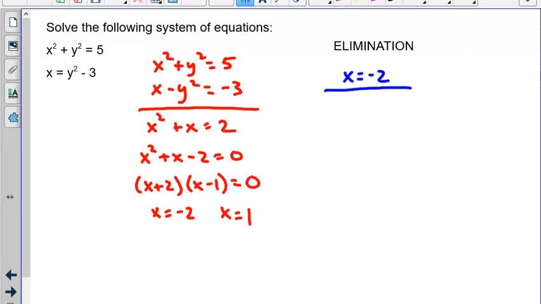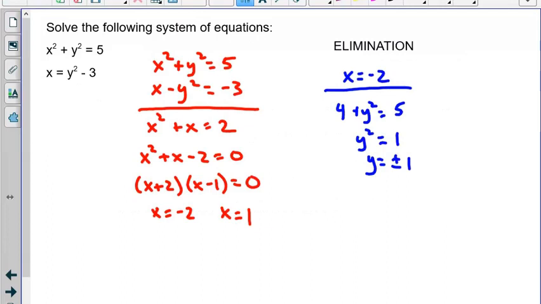You probably want to try both of them just to make sure that it works in both of them, because if it doesn't work in something, then it doesn't work. But what I will probably do here is substitute it back into the first one. So we have negative 2 squared is 4. And again, I'm doing this in the interest of time because I don't want your videos to be forever.